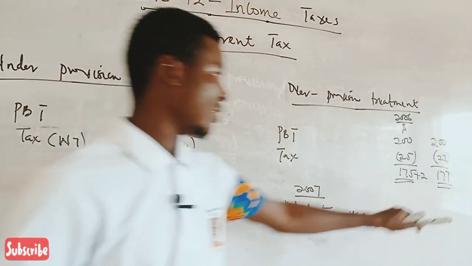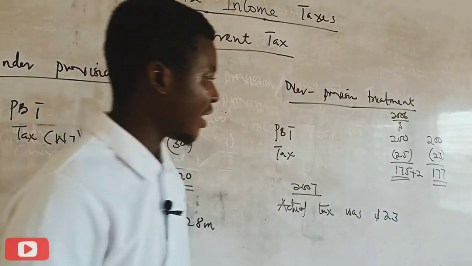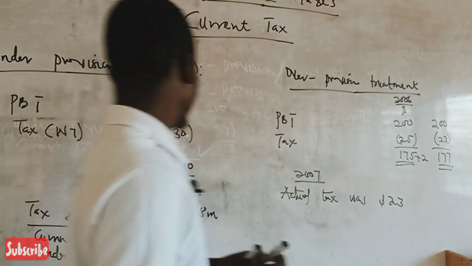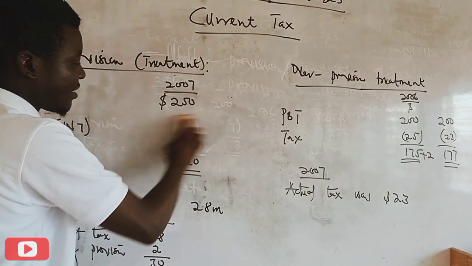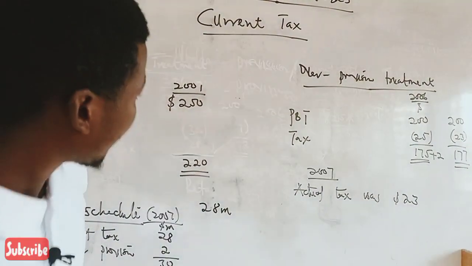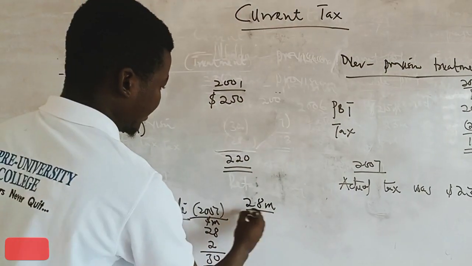So what is this one? This is a decrease, which is an income. Go to the current year statement of profit or loss and add this one. So assuming the current year statement of profit is the same as that one for the under provision, we are going to have a tax which is 28.